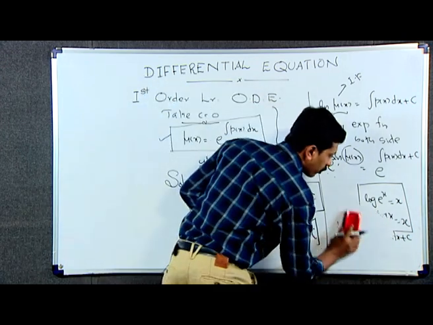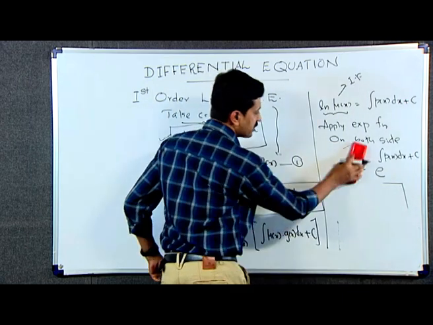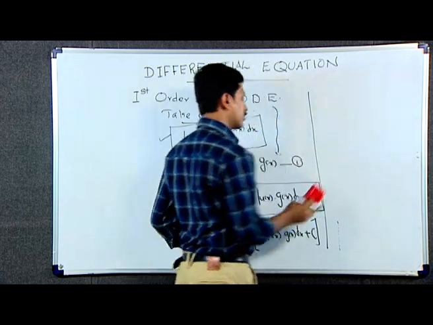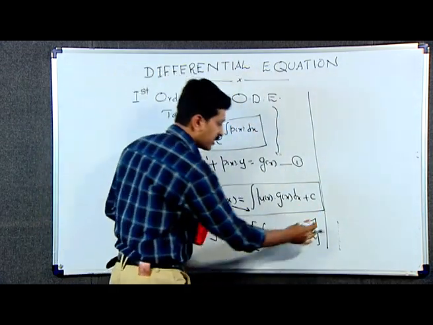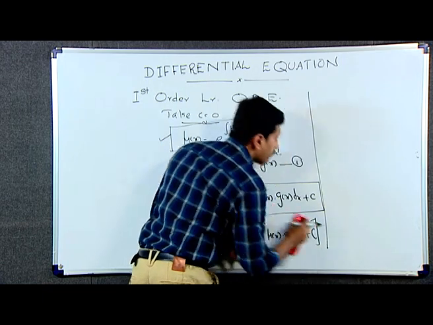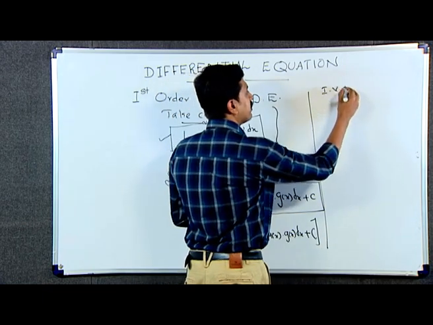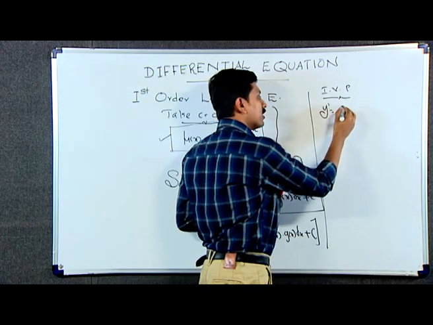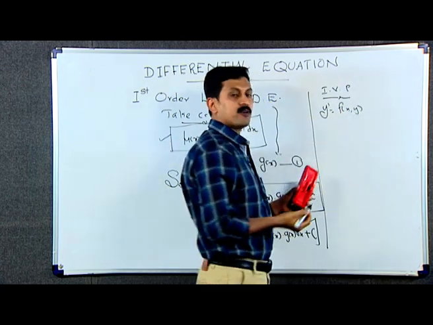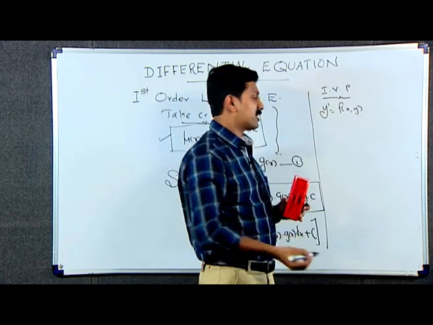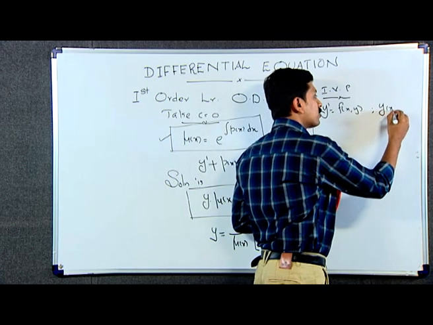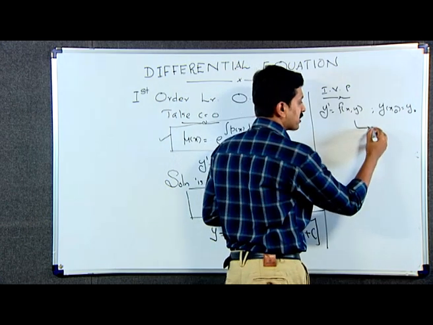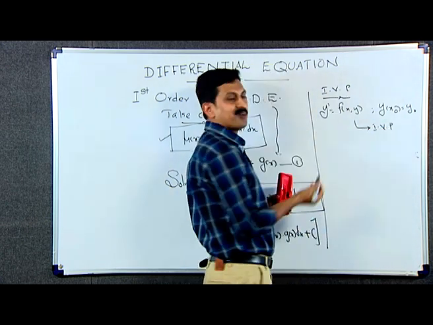The c is the constant of integration, the arbitrary constant, and as in every solution of the first order ordinary linear differential equation, we may have an initial value problem. What is actually an initial value problem? y dash is equal to f of x, y is the general form of the first order differential equation; if it involves y of x naught equal to y naught, then this problem is called an initial value problem.